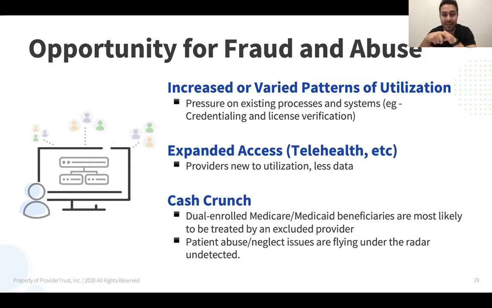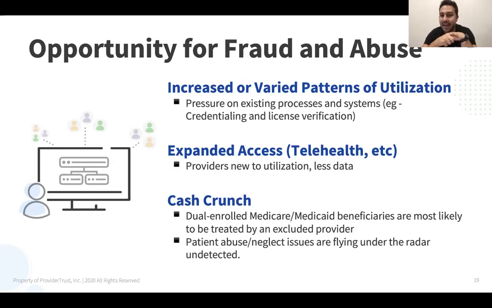And specifically as it relates to, if you get that right, how does that address claims leakage? Expanded access, telehealth, and other forms of care delivery. Providers new to this specific type of utilization means you potentially have less data downstream. And then a cash crunch. Dual enrolled Medicare, Medicaid beneficiaries are most likely, we know this, to be treated by an excluded provider.